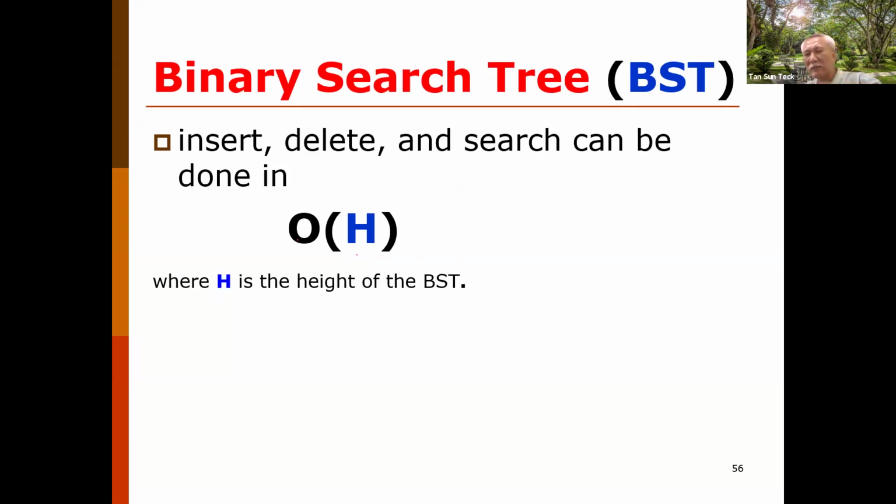Because if you are unlucky, every time you insert into a BST, if the value is smaller than the root node, you have to go to the left and then check the root node of the subtree. Similarly, if it is smaller, you go to the left. Eventually, you cannot go down any further, and you insert the value there. So it depends on the height of the tree, and this height is random, depending on the insertions that you have done.